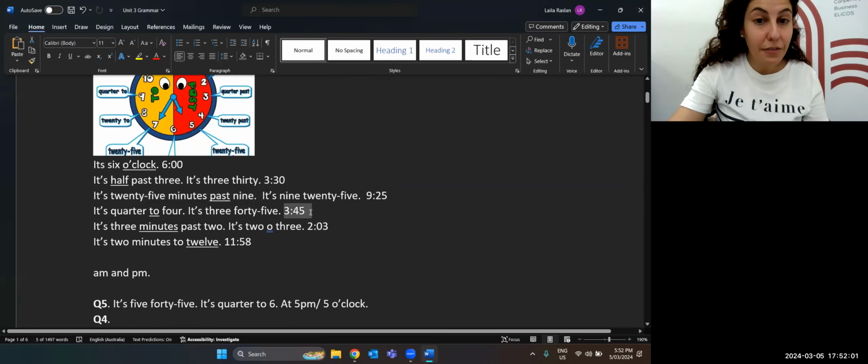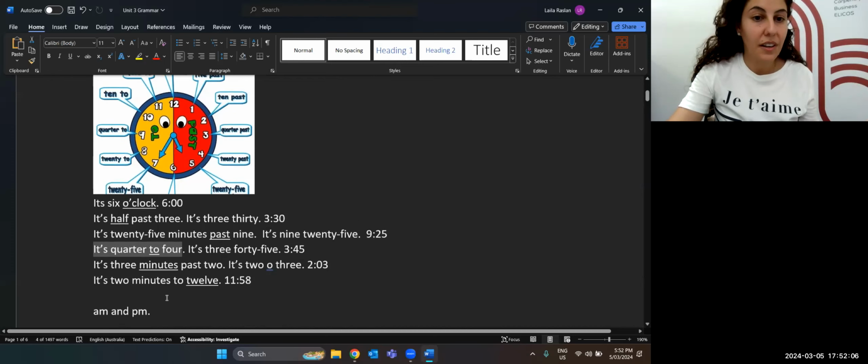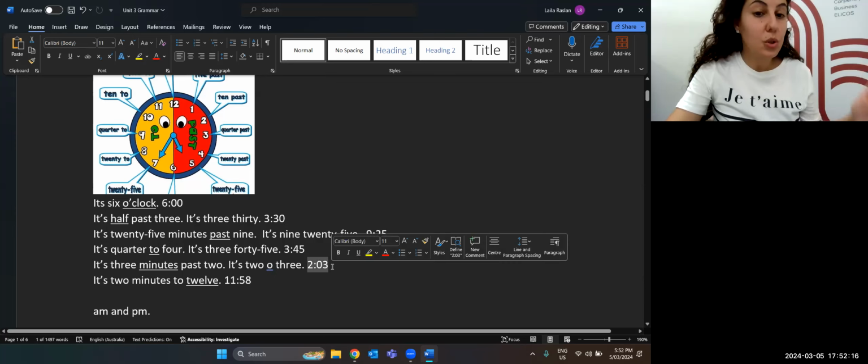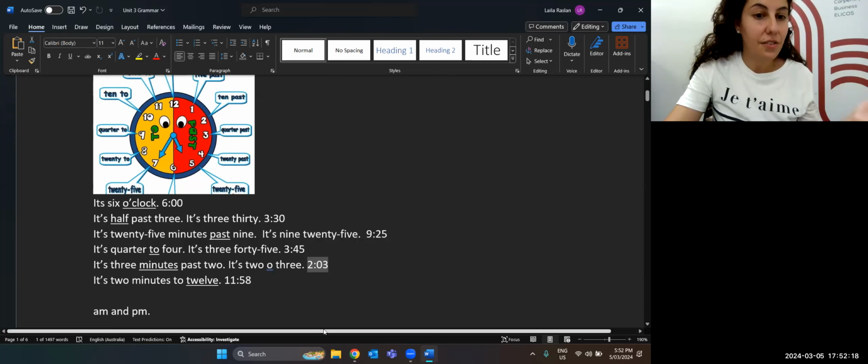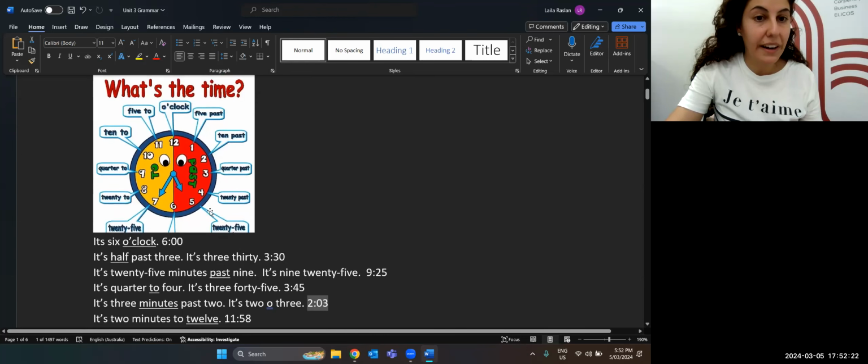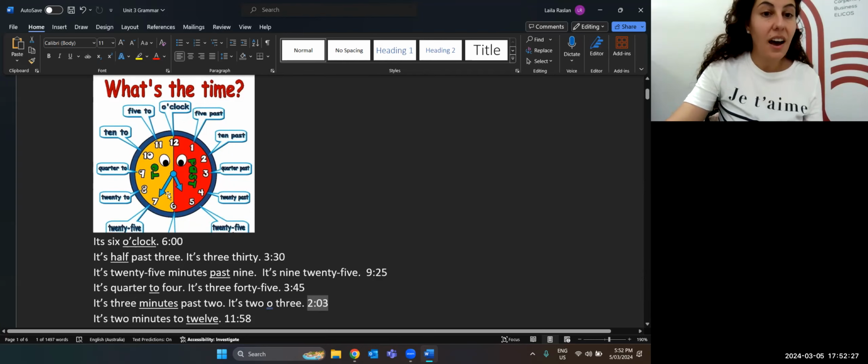This time is 3:45 or it's quarter to 4, because the big hand would be here and the little hand would be near the 4. Okay, we looked at these other times. It's 2:03 or it's 3 minutes past 2, because we know past, anywhere in the red, we say past, in the yellow, to.